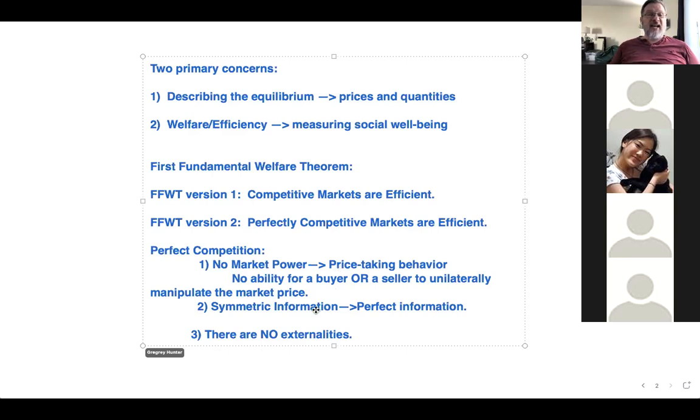So yeah, if you start to look at the details of a market and you're aware of the assumptions of perfect competition, then you can normally tell if there's a problem that it relates back to the market not being truly competitive.